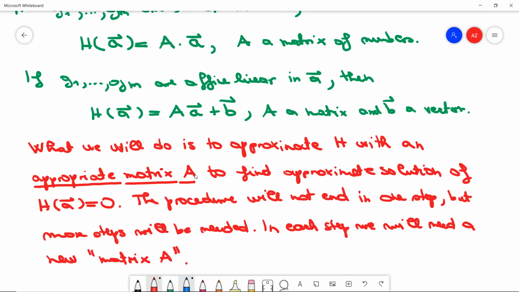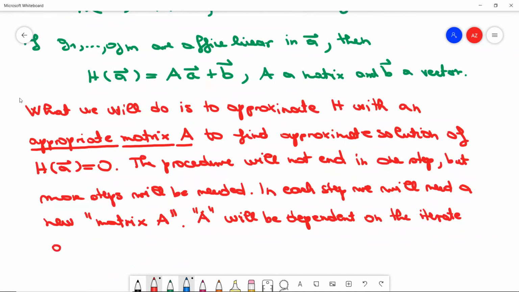So matrix A will depend on the approximation, so if A_k is our k-th iterate in our procedure, then A will be dependent on this iterate. So A will be dependent on the iterate A_k.